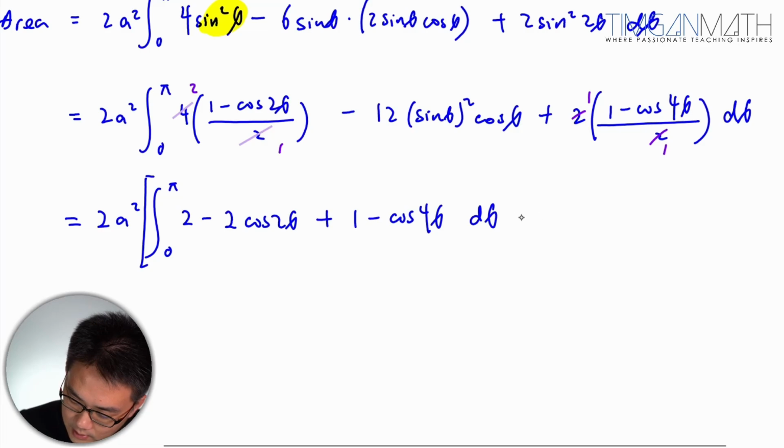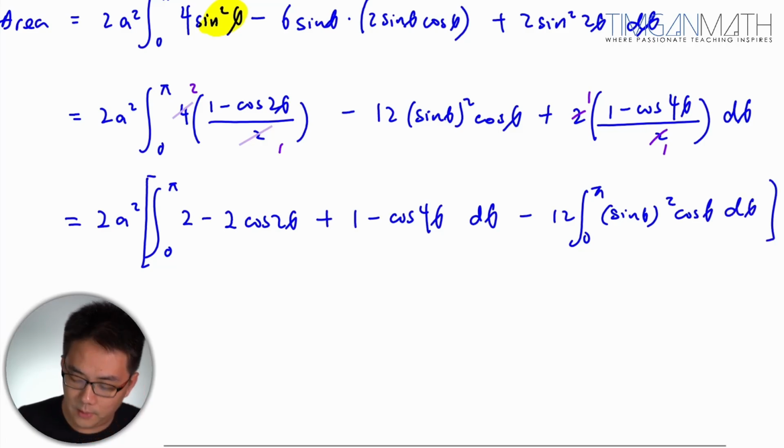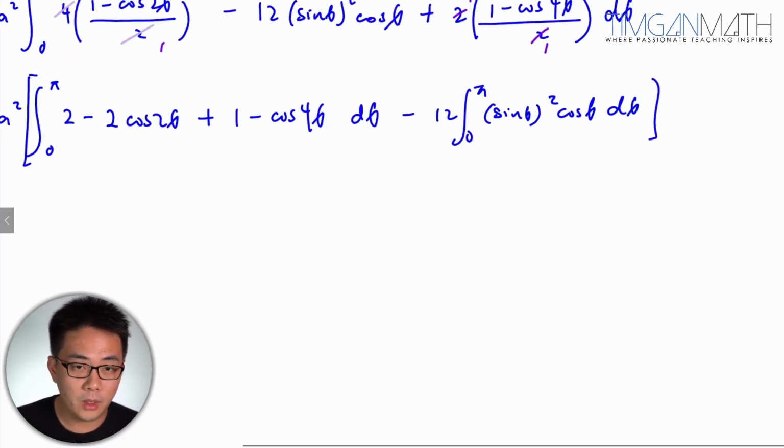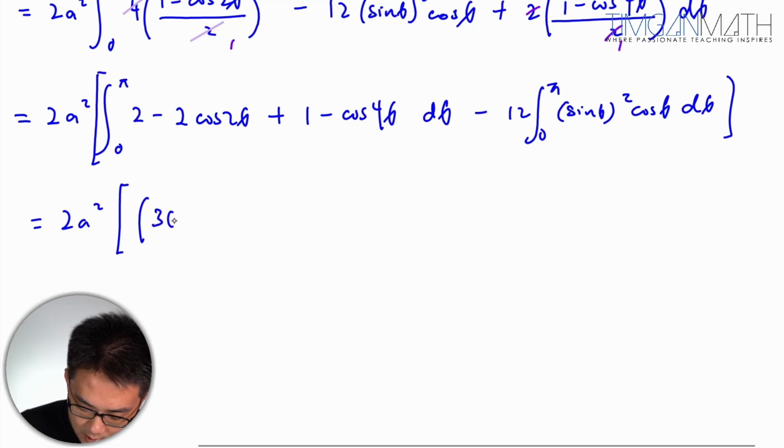I could just split this to minus 12, integral from 0 to pi, sine square theta cosine theta d theta. The one behind is just a recognizable form. 2 plus 1 is 3, so I'm going to express this as 3 theta minus sine 2 theta, integrating this and dividing, right?